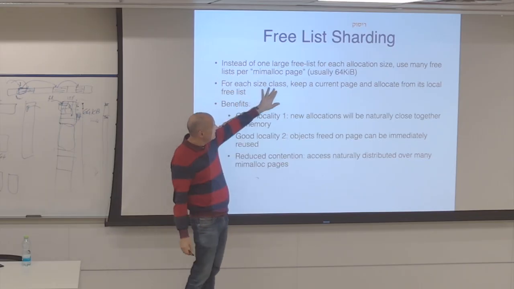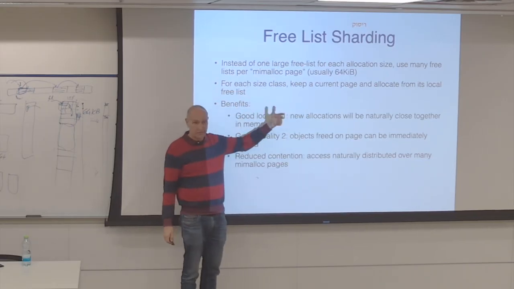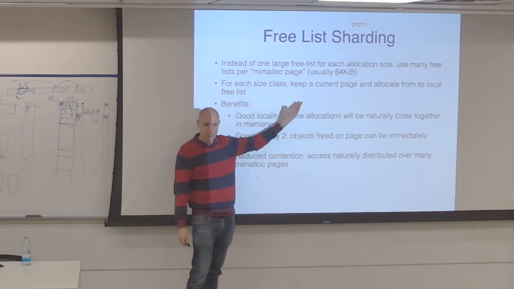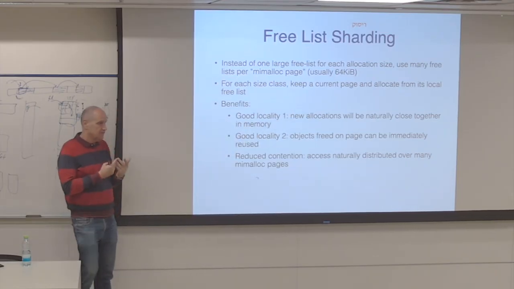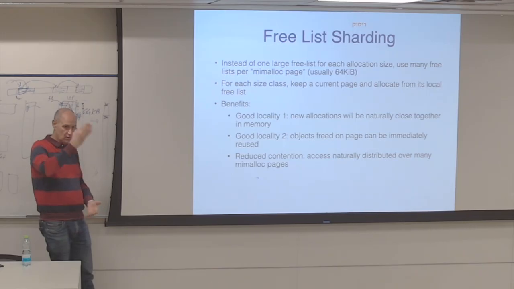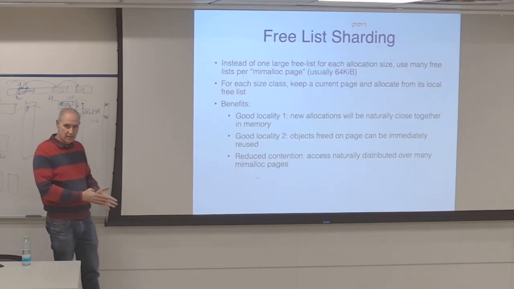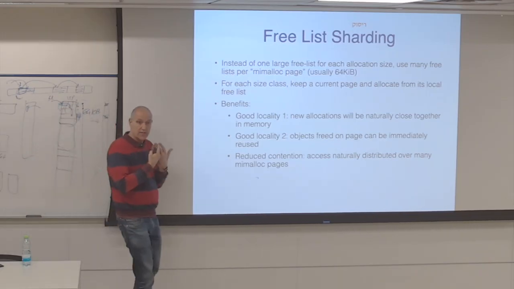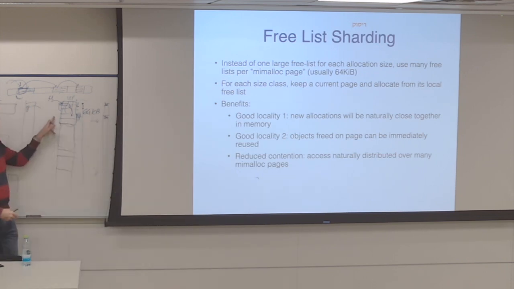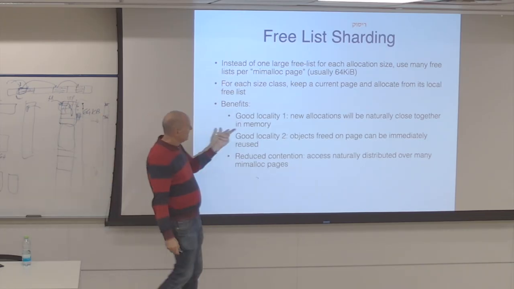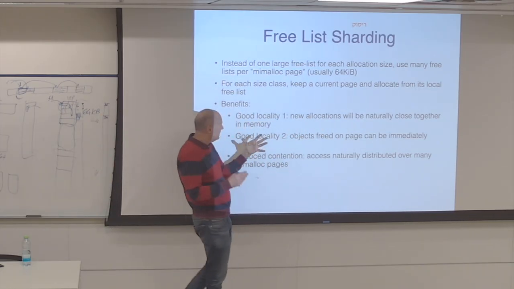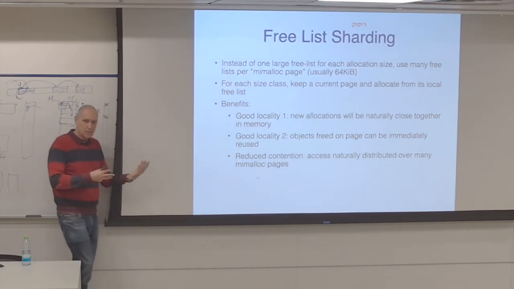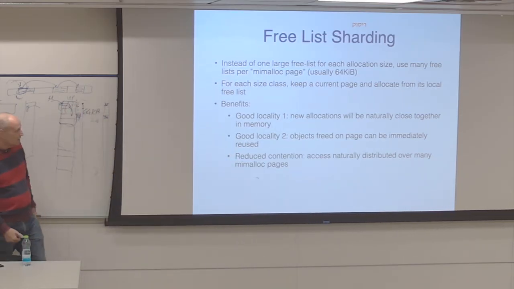For each size class, you have a current block that you're using, a page that you're using. So I, as a thread, have this list of all sizes that I'm allocating. And for each size, I just have such a block. So I have a free list of that block. And the one thing is that all allocations will be close together in memory because they will be in the same block.